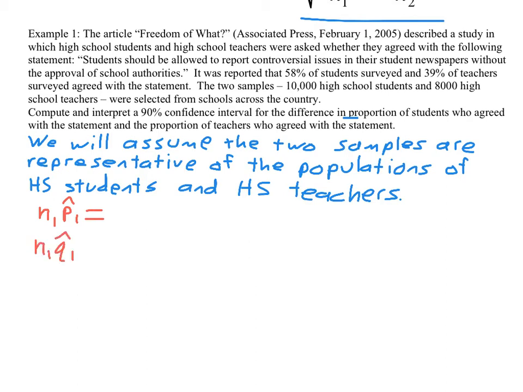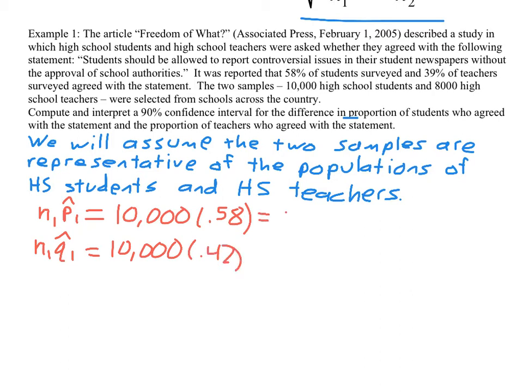Alright, so we'll let this one be for students. We had 10,000. 58% said yes, 42% said no, so we had 5,800 and 4,200, which are both at least 10.